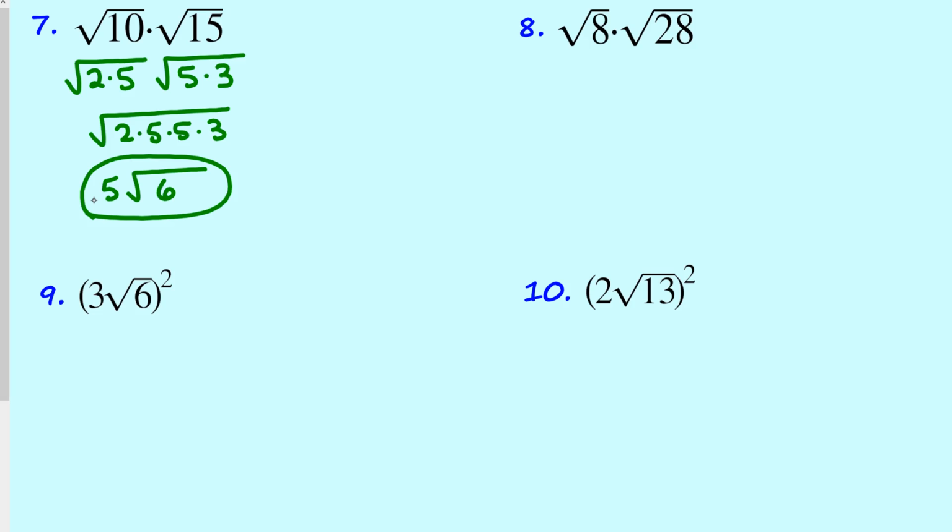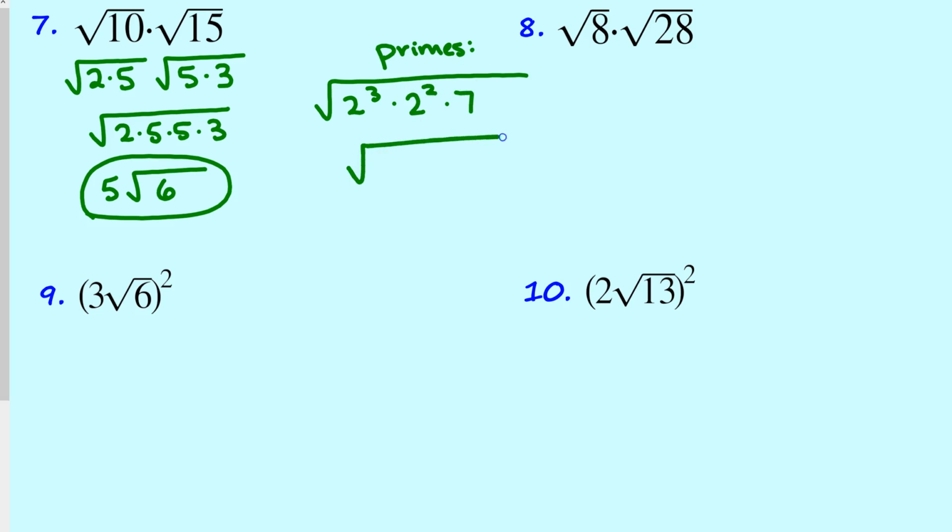Okay, let's do something like that on number 8. Let's break these down. You know, we could break it down all the way to primes. Let me show you a couple ways to do this. So all the way down to primes. 8 is 2 times 2 times 2, 2 cubed. 28 is 4 times 7, so 2 squared times 7. And that gives us the square root of 2 to the 5th times 7.